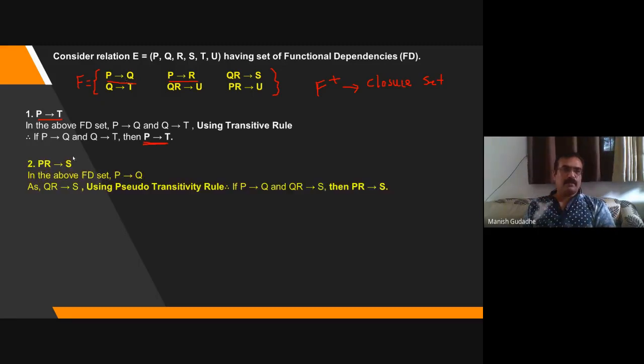Second, we can say PR determines S, with the help of the pseudo transitivity rule. How can you say that?